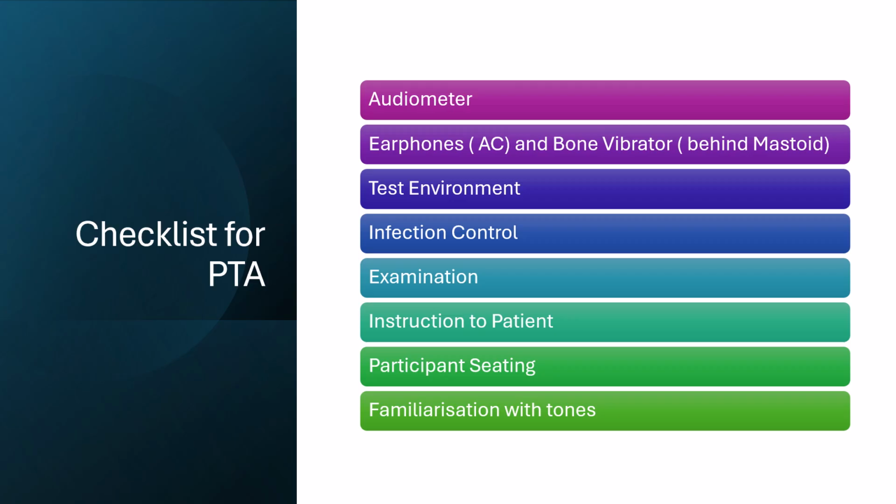Then hygiene should be maintained, especially post COVID. As we know, the hygiene standards must be improved. Seat the patient comfortably, give clear instructions, and begin with familiar sounds to build trust and reduce the anxiety of the patient. So these are the checklist before starting the PTA.